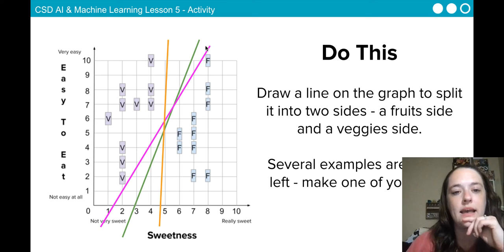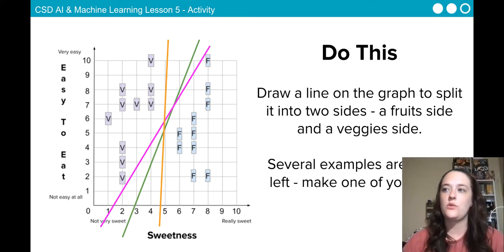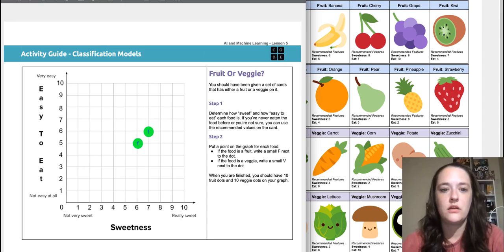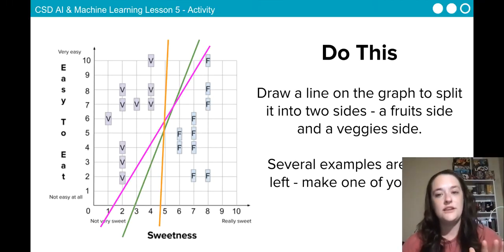We could say with the green, and let it be a little more angled. So you decide how you would split your graph. And that's going to be another thing that you'll do before you submit your activity guide. Pause the video here so that you can divide your graph.